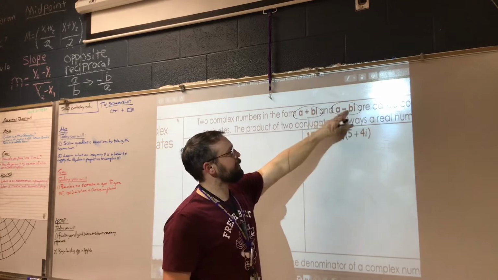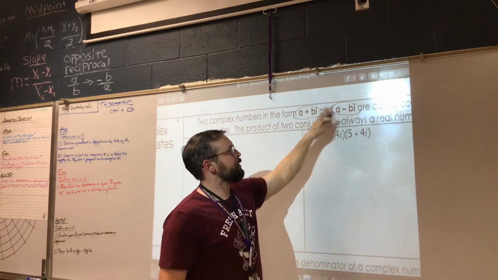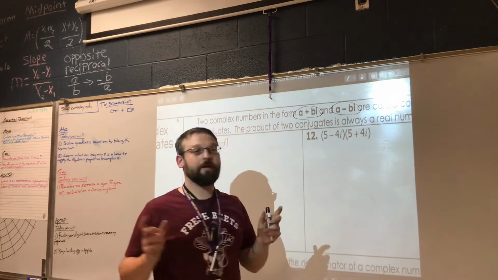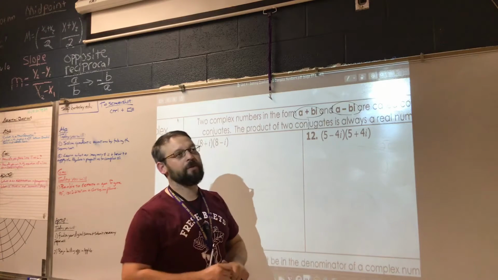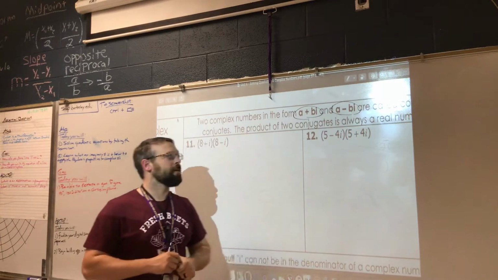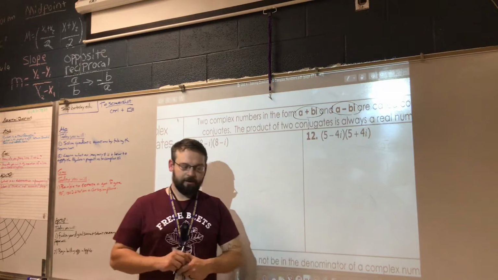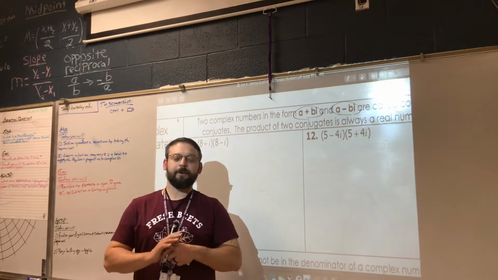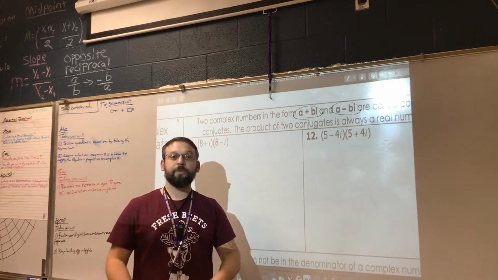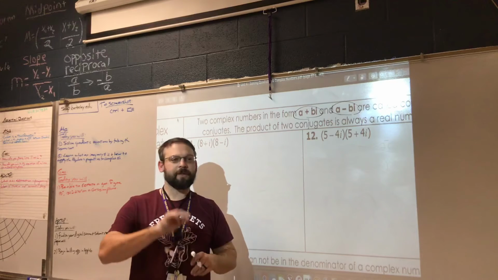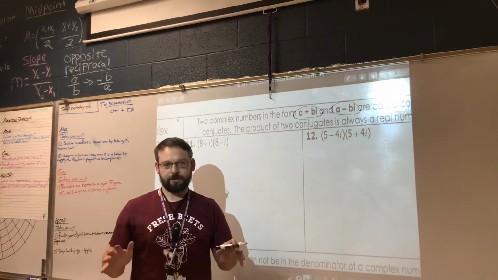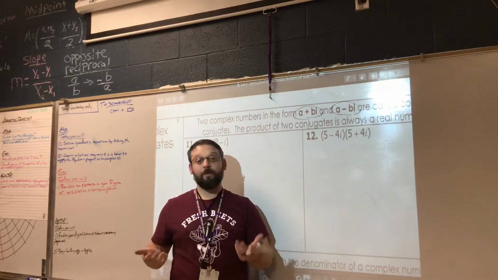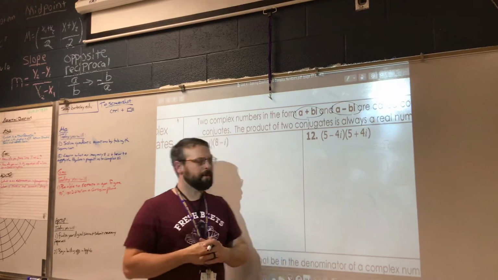So basically, if the imaginary part just has a different sign, those are called complex conjugates. What those are good for, especially in a minute when we have to rationalize the denominator, is removing that i from the denominator. If that doesn't make sense, don't worry, I'm going to explain that in just a second. But that's a quick overview of what they're useful for and what they do.